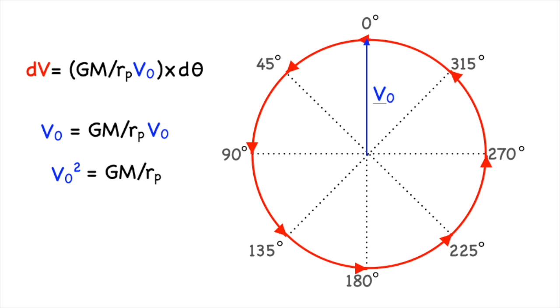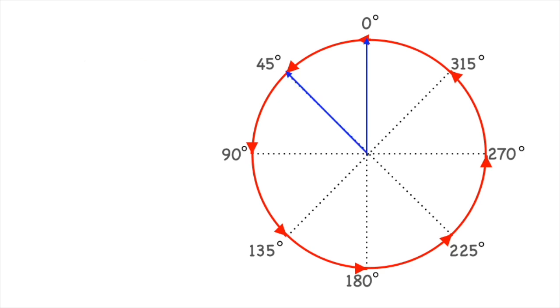Now, if we start with v naught and add 45 million dVs one at a time, we get this resultant velocity vector, representing the velocity when the planet's angular position is 45 degrees.